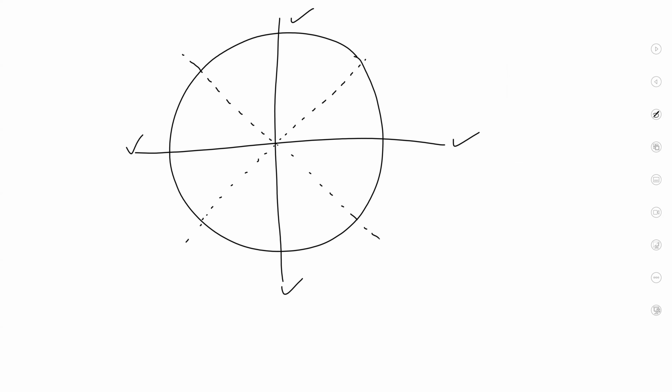So give me the degrees, radians, and coordinates of each of those locations around the unit circle. A good place to start, you know that this is pi.